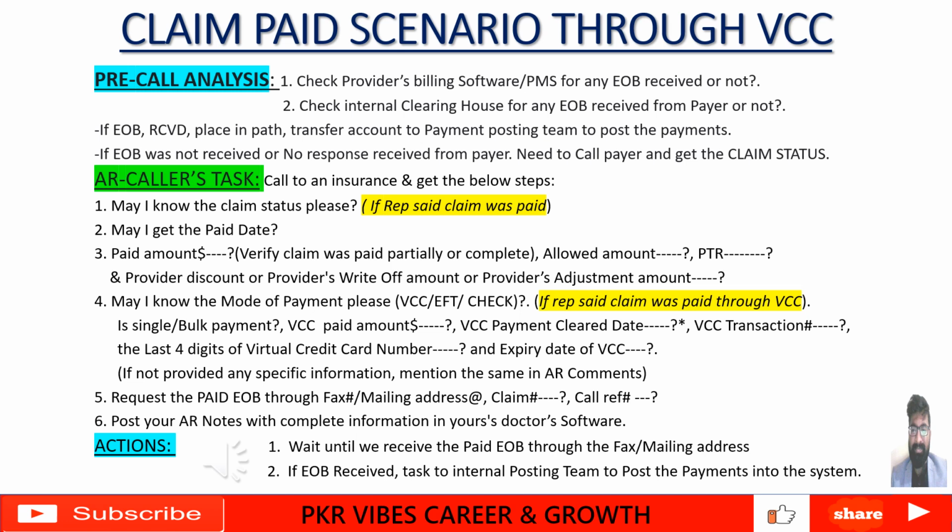At this time you have to request your paid EOB through fax or mailing address. And finally, you have to take the claim number and call reference number, and close your call. And also, sixth point, post your AR notes with complete information in your PMS, practice management system. Okay, this is your AR caller task.